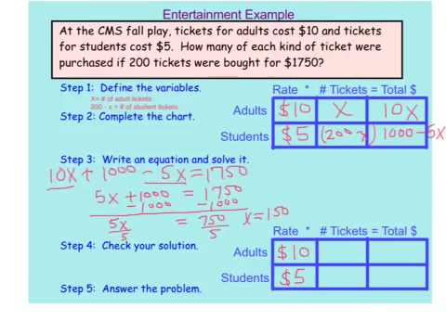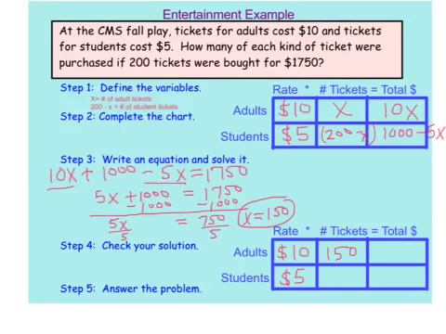Now the number of tickets has changed, because now that we know what x equals, we can replace x in both of these expressions, which makes the number of adult tickets x, 150, and the number of student tickets 200 minus x.